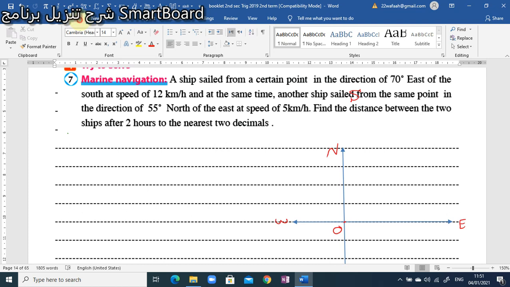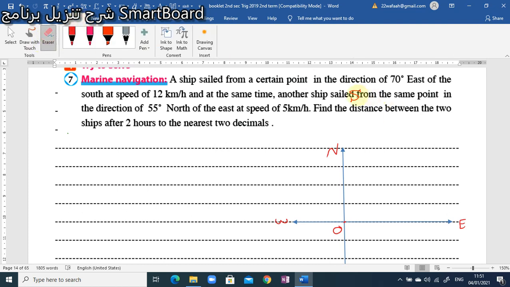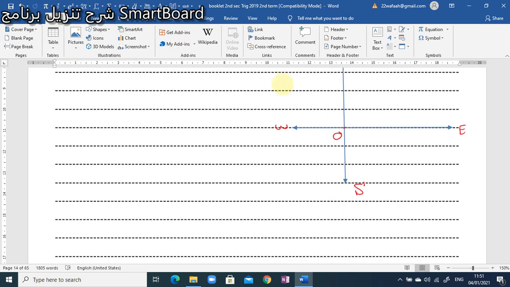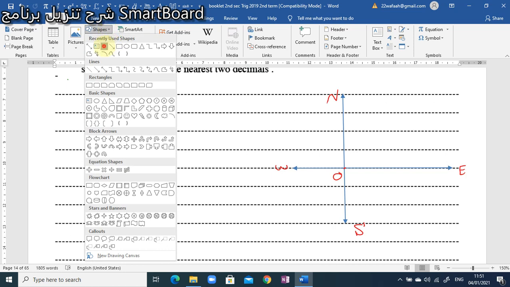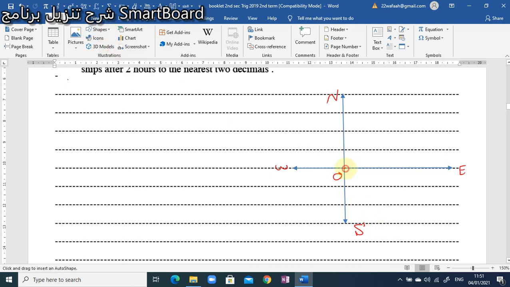The first ship moves 70 degrees east of south. East of south will be here.